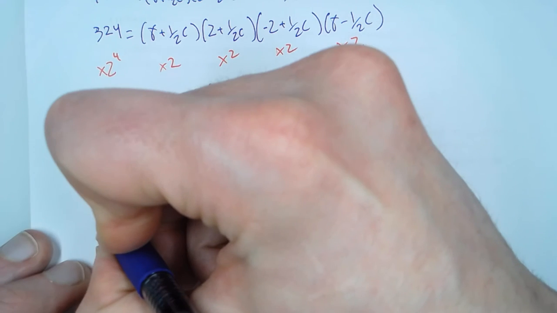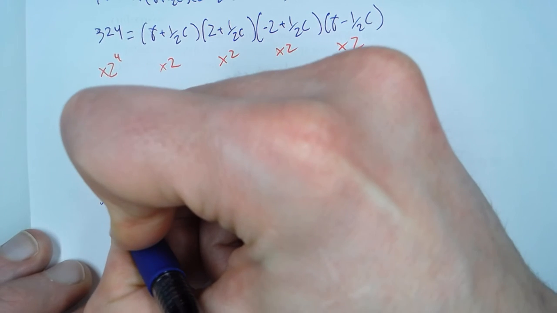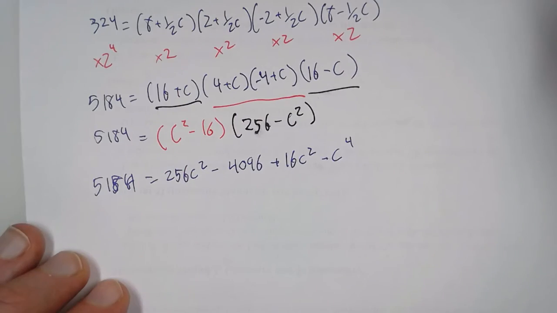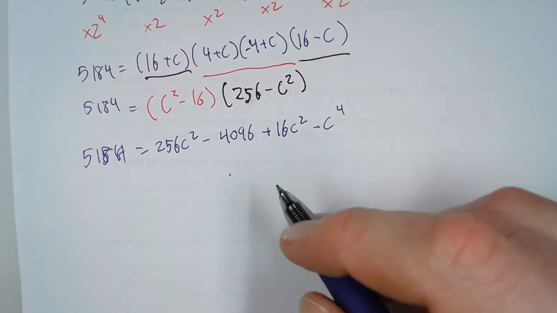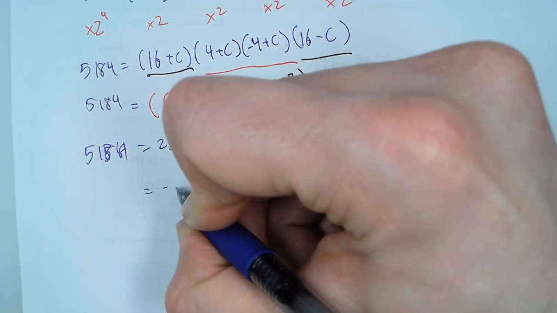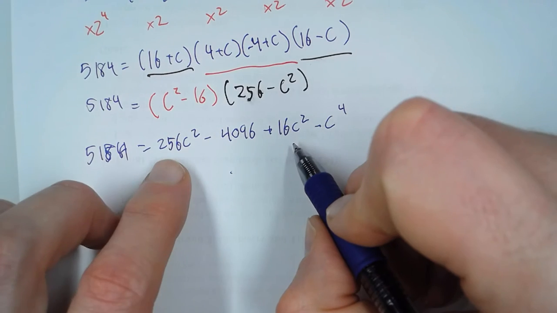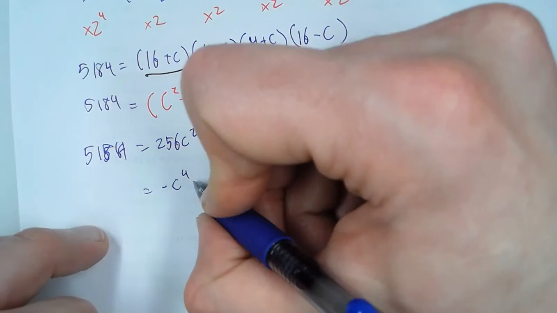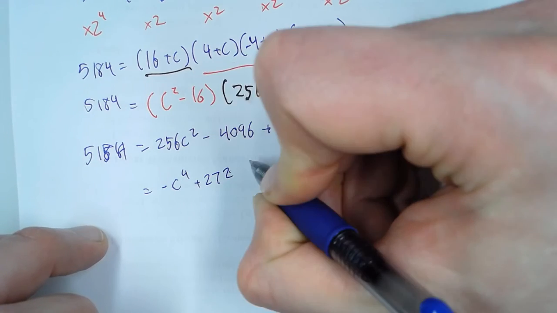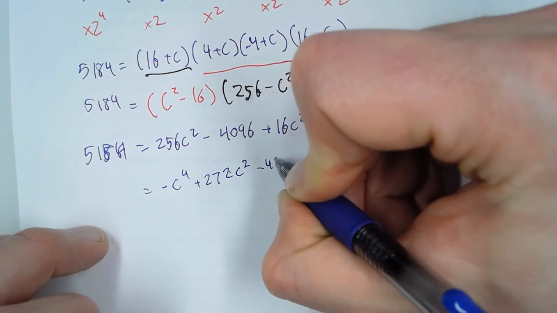And this is still all equal to 5,184. So let's rearrange this. This is going to be minus c to the 4th. We can combine these two like terms. So that's plus 272c squared minus 4,096.